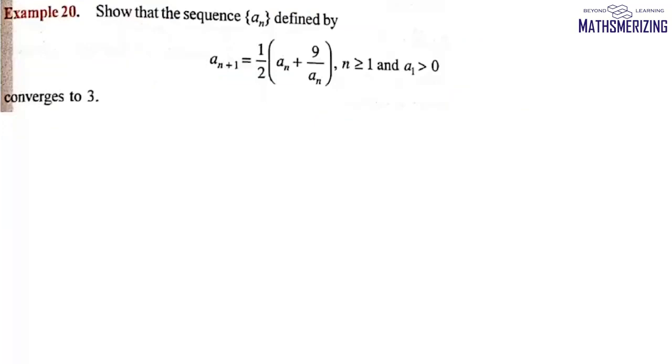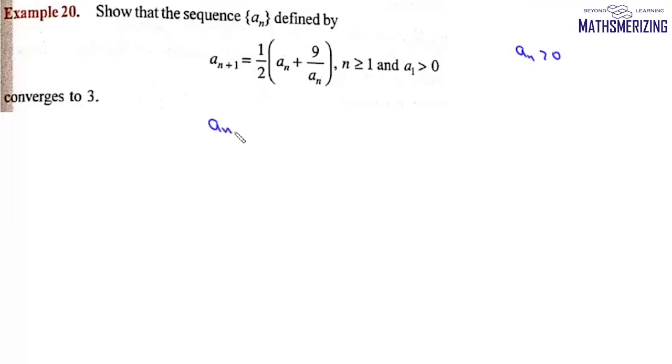Now here the question is, show that the sequence a_n defined by a_{n+1} equals 1 by 2 (a_n plus 9 upon a_n), where n is greater than or equal to 1 and a_1 is greater than 0, converges to 3. Now any term of the sequence is a positive number.